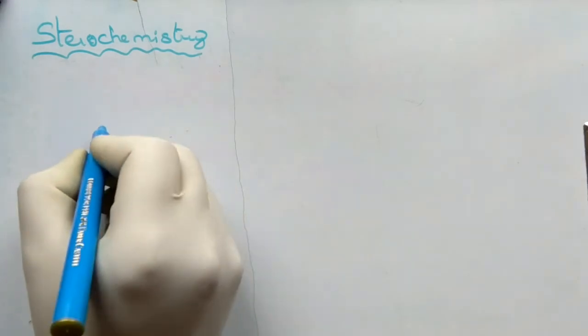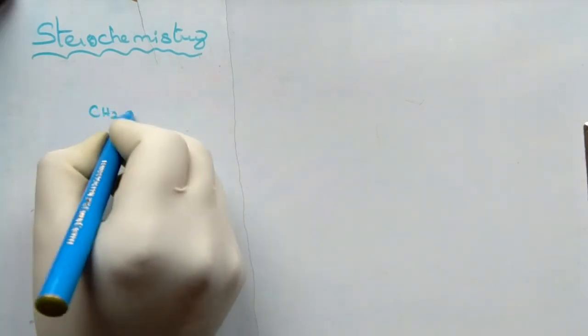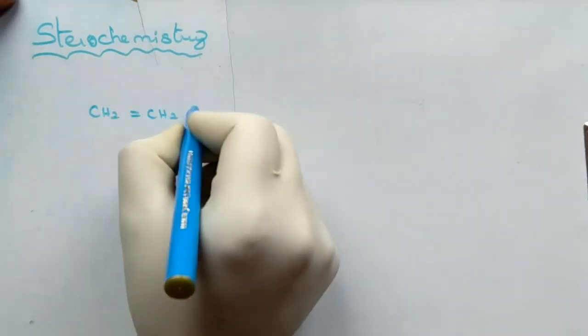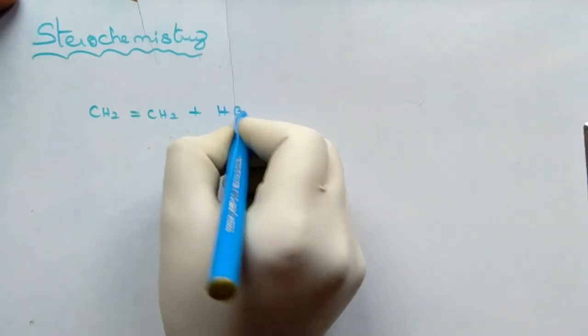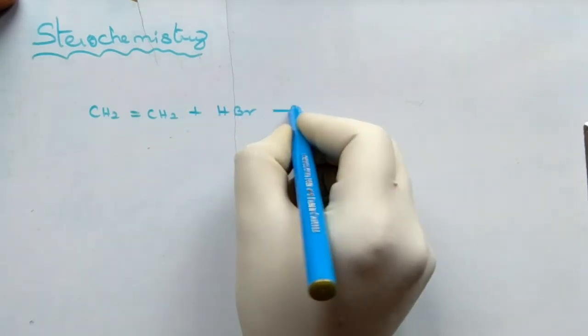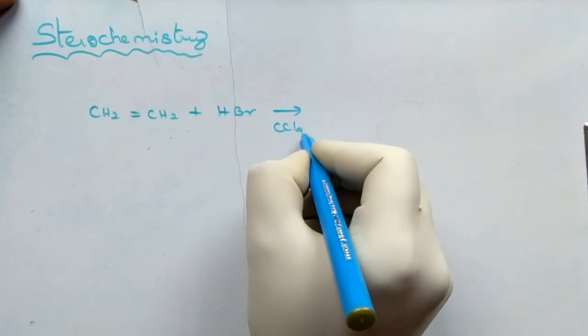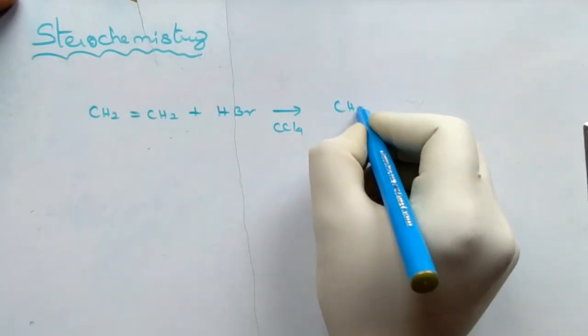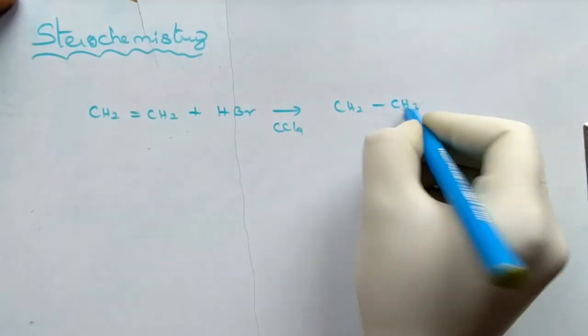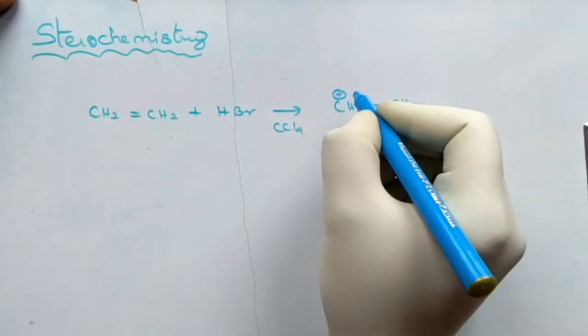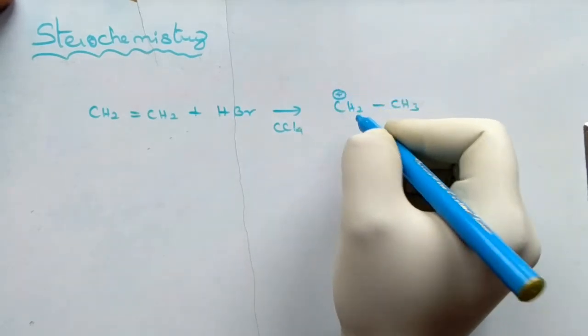Now we are going to see the stereochemistry of electrophilic addition reactions. Let's see with an example. Here ethene is reacting with HBr in CCl4 medium. Initially the pi electrons will attack the electrophile. Due to that, an intermediate will form.